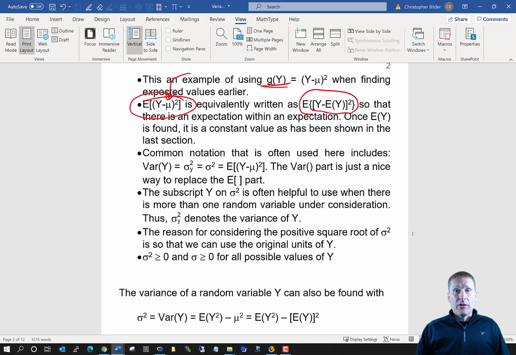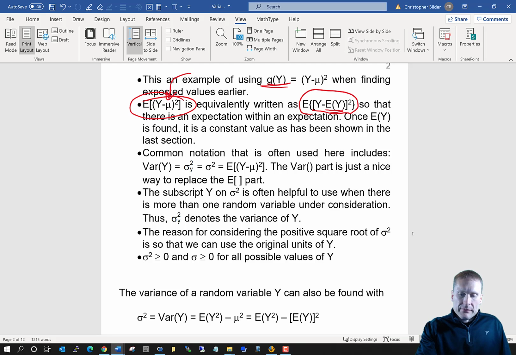Unfortunately, you just have to get used to it because these different notations are used widely outside of this class. So anyway, you could write it so that you have the expected value inside. But remember what that expected value is. Essentially, it's a constant. Once you find that expected value, like 30 in our transaction type example, that's what it is. A 30 is a 30. If you take an expected value of 30, it's 30.